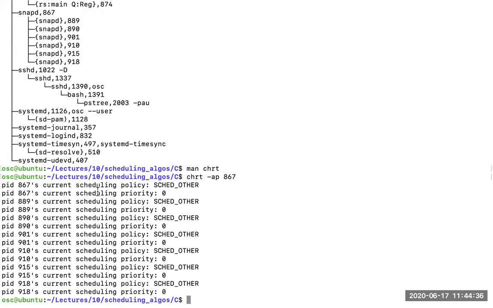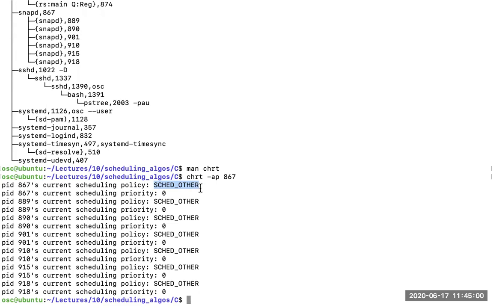So we can see SCHED_OTHER. There are three algorithm types that we discussed in earlier lectures: SCHED_FIFO, SCHED_RR, and SCHED_OTHER. So all threads on this Linux system are running using the SCHED_OTHER scheduling policy.